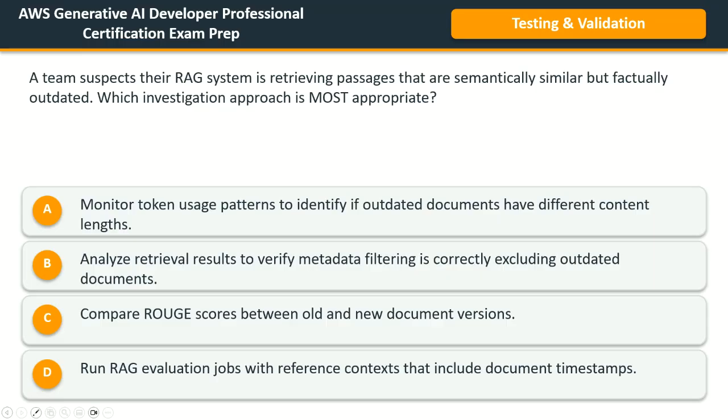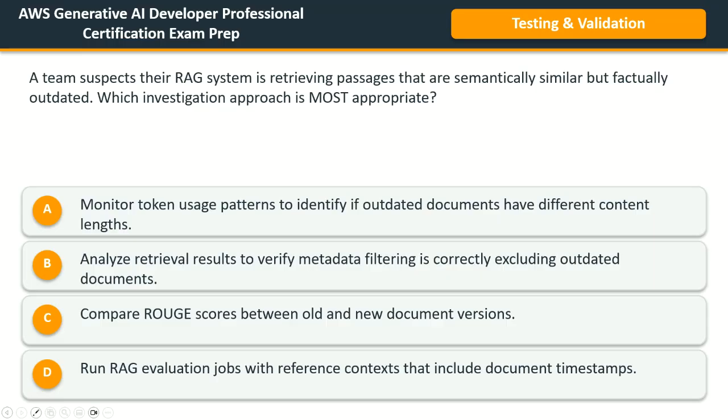The correct answer is B. This question is testing whether you understand where freshness problems live in a RAG system. If documents are semantically relevant but factually outdated, the issue is almost always in retrieval configuration, not generation.